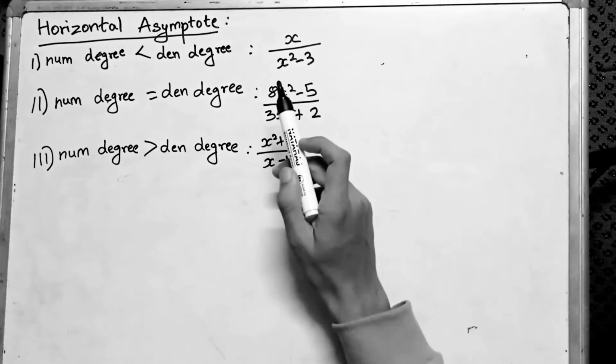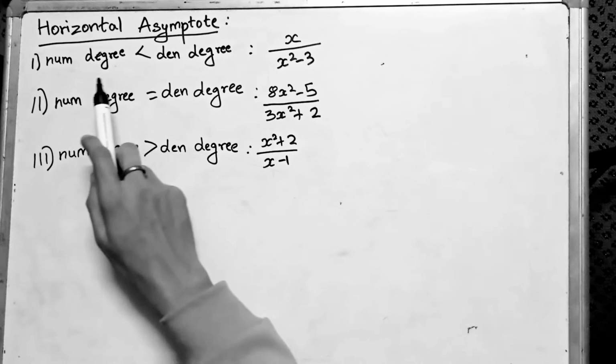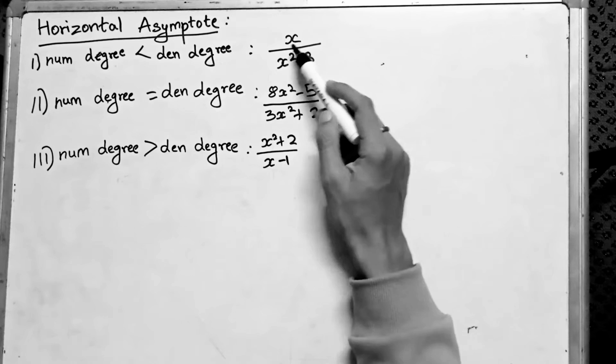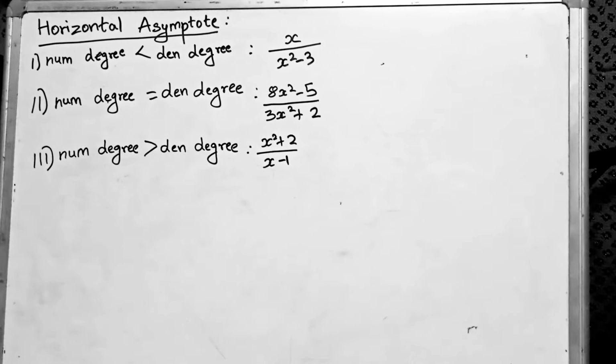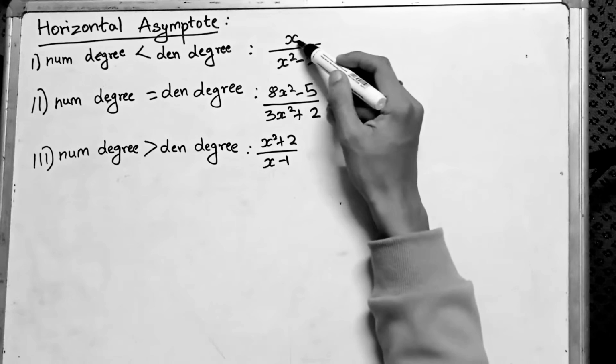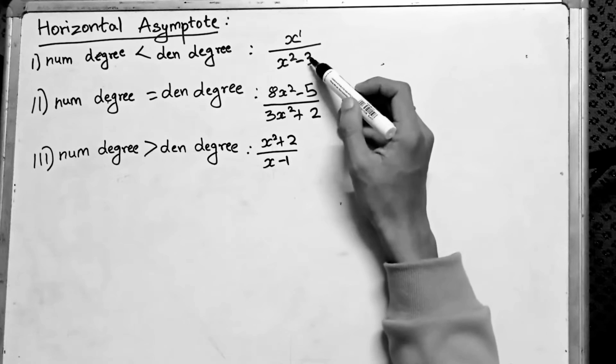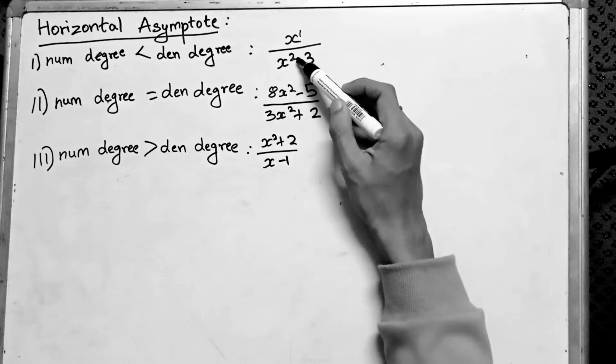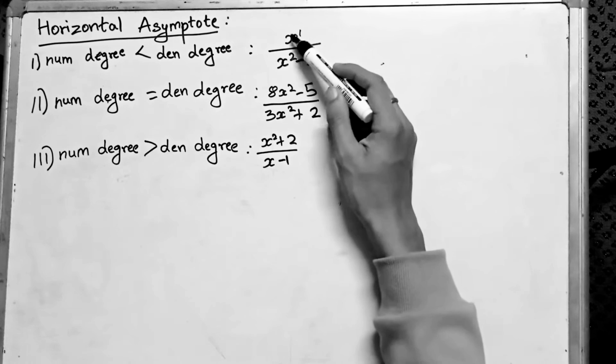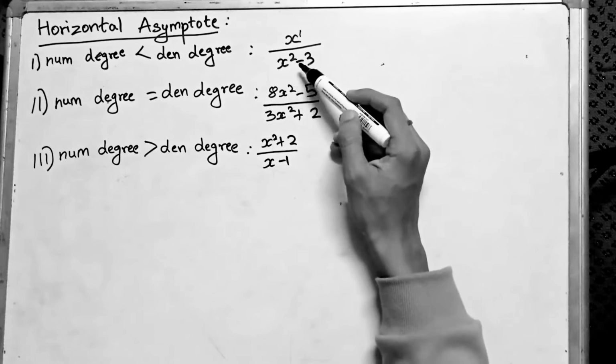The first case is when the degree of the numerator is smaller than the degree of the denominator. Here the degree of the numerator is 1, so I have 1 over here, and the degree of the denominator is 2. So the degree of the numerator is smaller than the degree of the denominator.